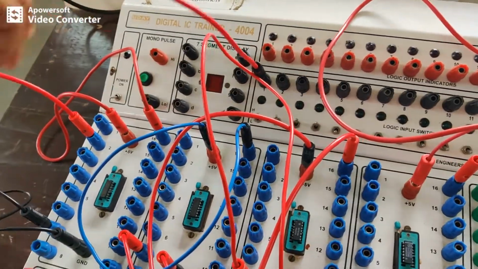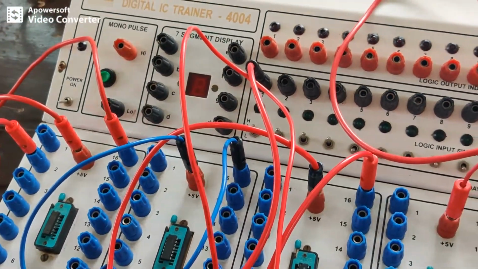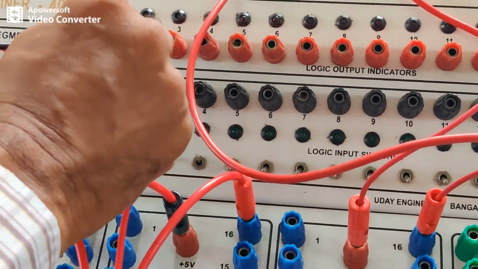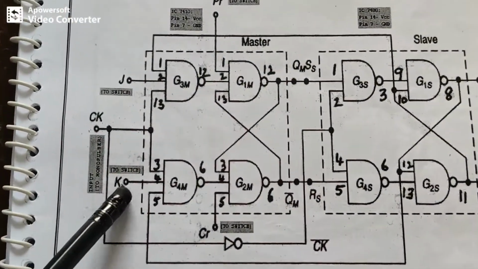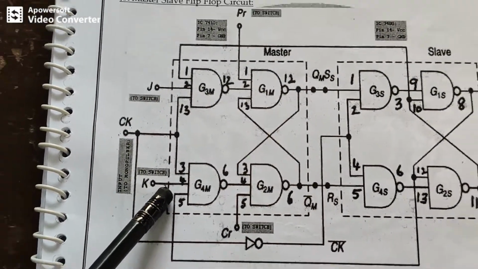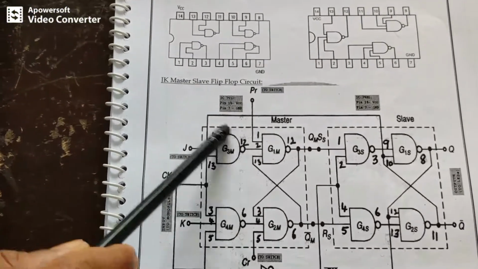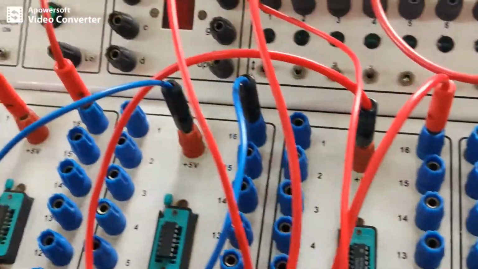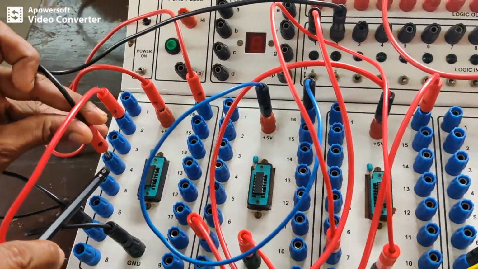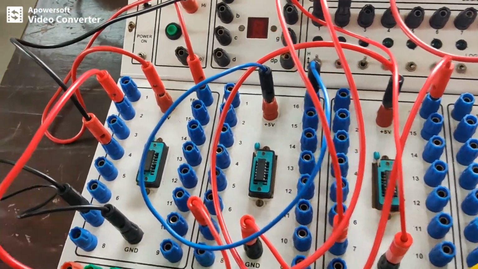This is J. After that, I will connect K. I will take one more patch cord for K, and K goes to pin number 4 of the first IC. So this is pin number 4 of the first IC.